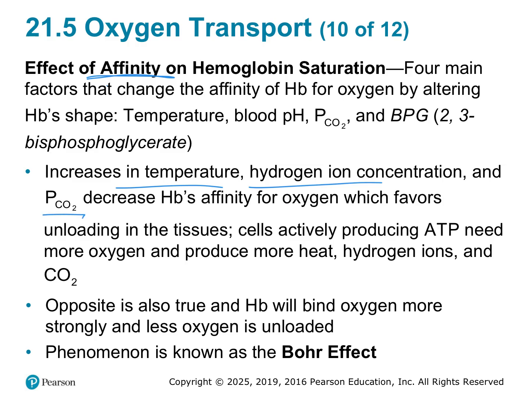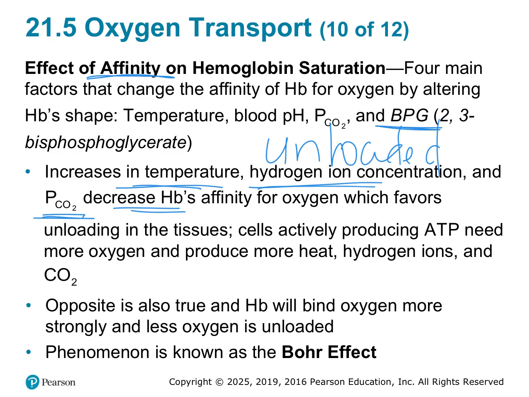So if we increase any of those, if the temperature increases, we have a higher concentration of hydrogen ions, or we increase our partial pressure of carbon dioxide, that will decrease hemoglobin's attraction to oxygen, and that will allow oxygen to be unloaded. And then also there's a molecule BPG, which is 2,3-bisphosphoglycerate, that will also cause unloading of oxygen from hemoglobin. It reduces the affinity if that level increases.